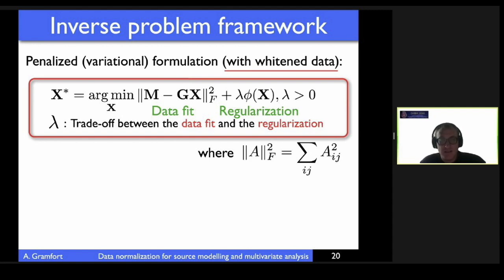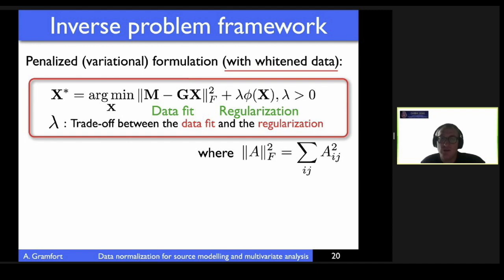Well, the topic of today is not to care too much about regularization, but to insist here on what I call the data fit. So the data fit is the first quantity that you see in this equation, circled in red. And here M minus Gx is this quantity that should be small if your job is done properly.